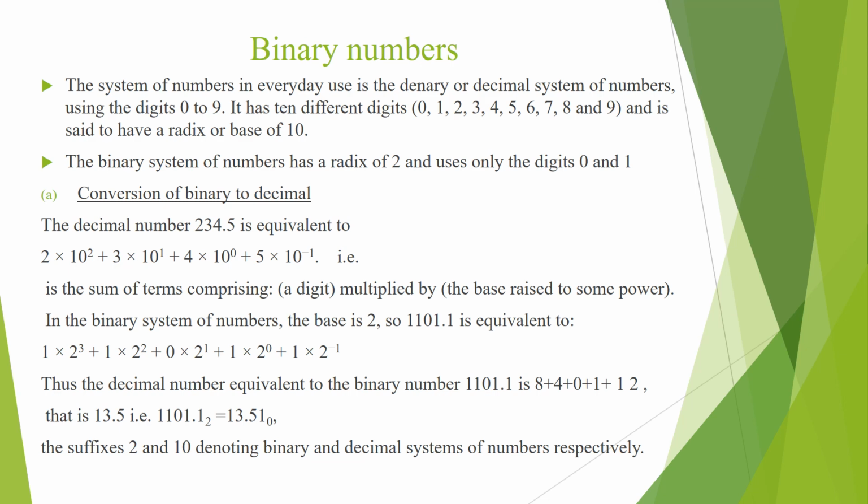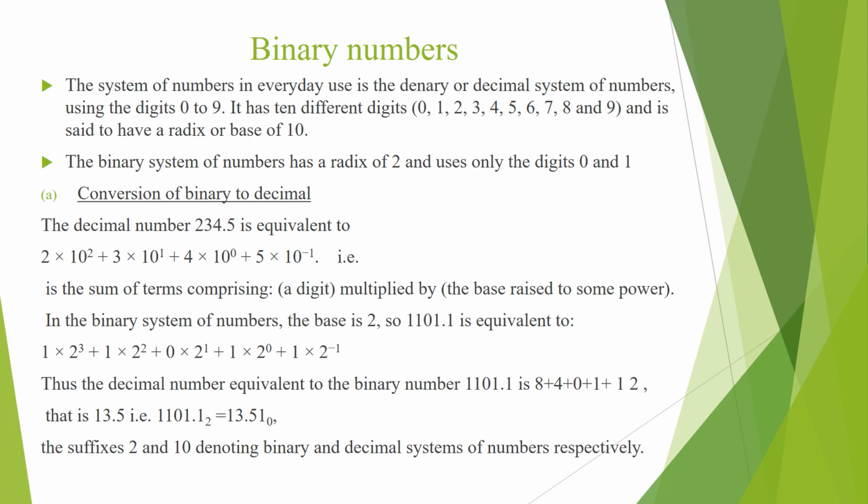So for instance, if we take the decimal number 234.5, what is it equivalent to? Let us get the total values, and for us to get the total value, remember we multiply the digit by its place value.